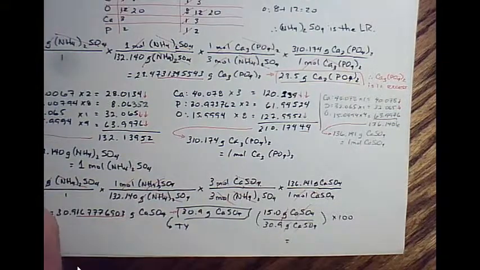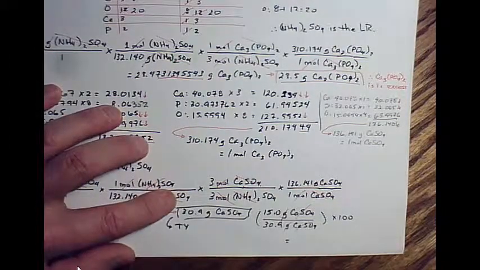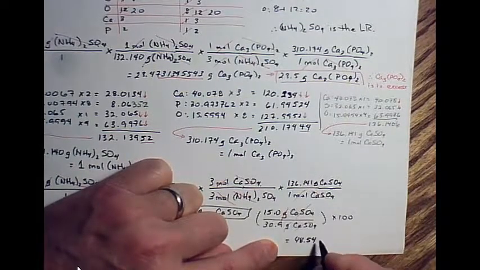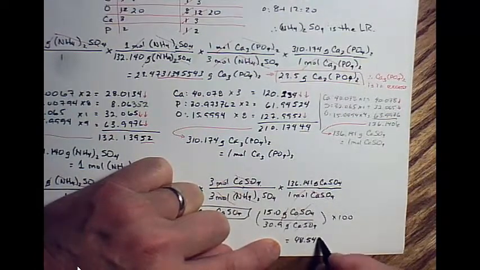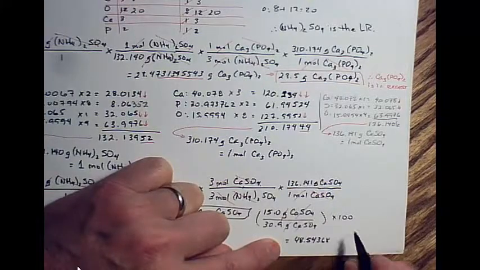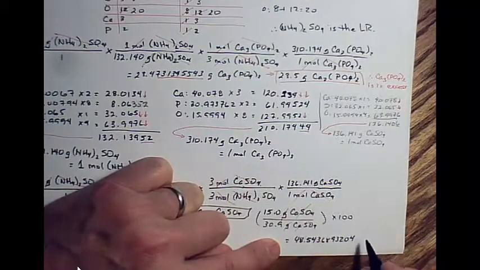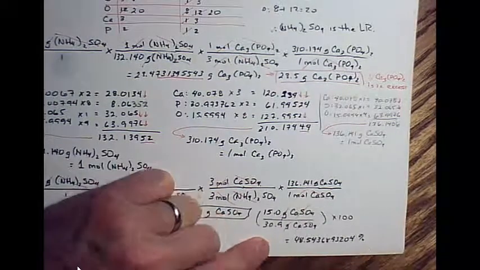So we're going to take that 15.0 and divide it by that 30.9, hit enter, and then multiply that times 100. And I get 48.54 and a bunch of other numbers. Percent.